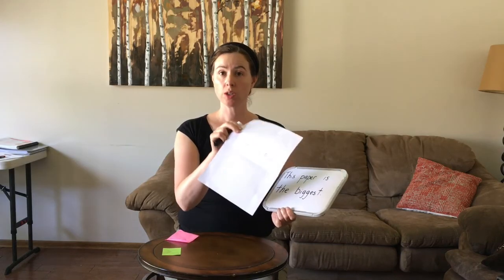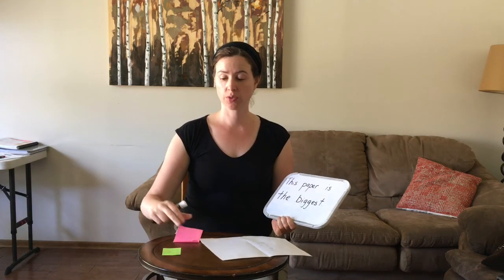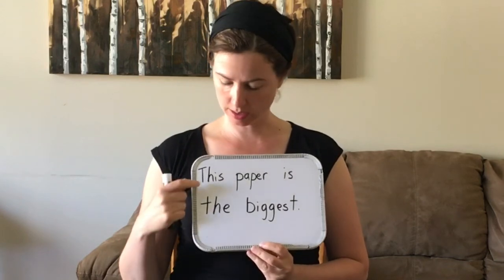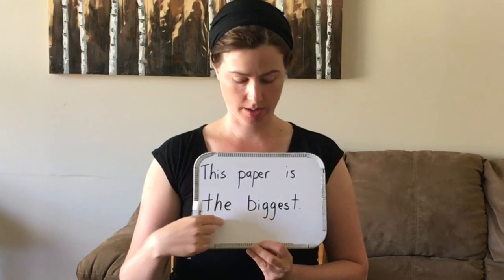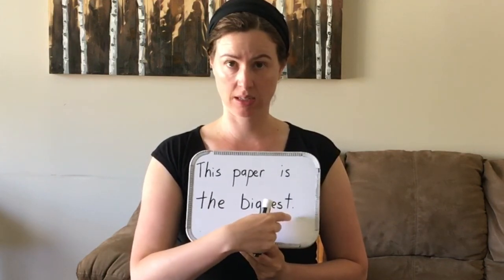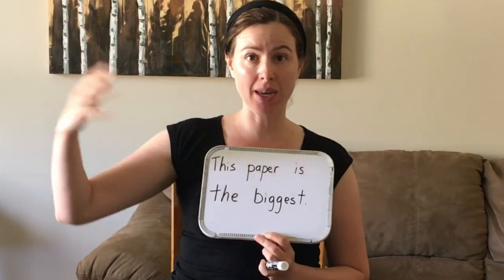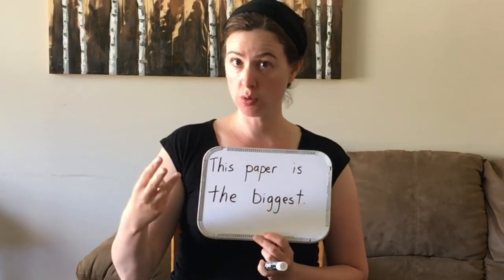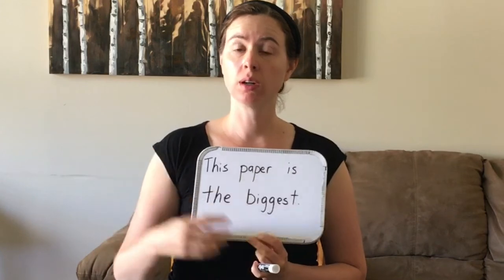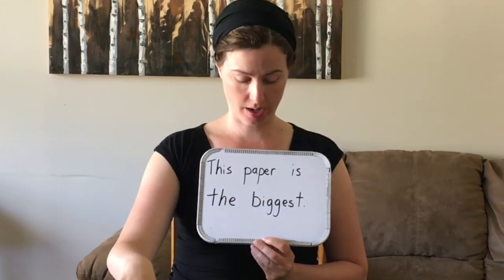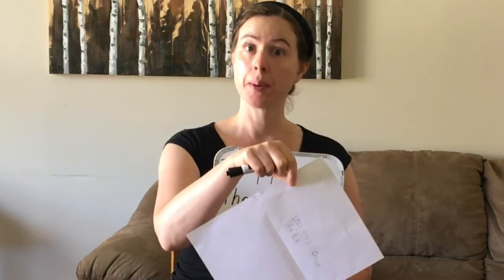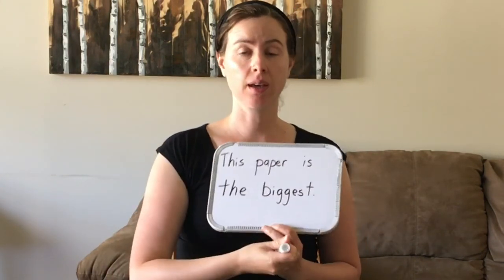Now students, when you have 3 things, 3 papers, you need to learn the grammar of this sentence. This paper is the biggest. When you have 3, 4, 5, 6, 7, many, more than 2, you need to say the biggest, okay?